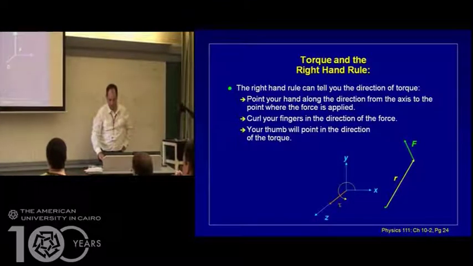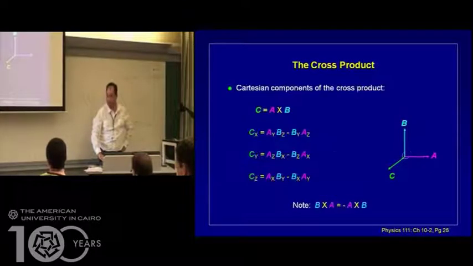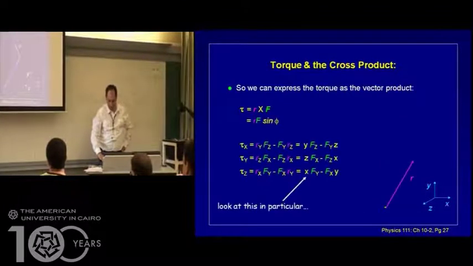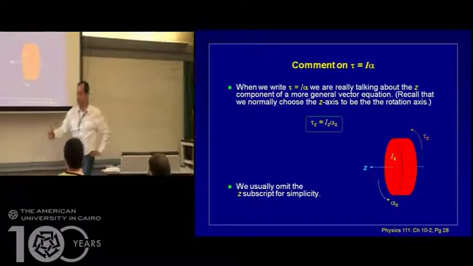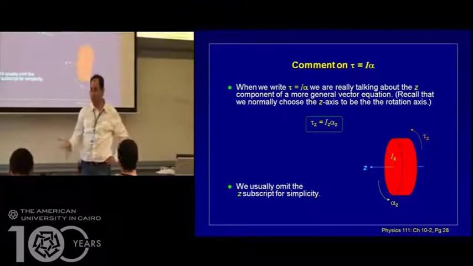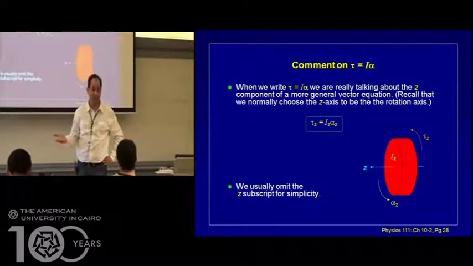And we talked about the right-hand rule. We talked about the cross product. You can just go back and read them. This is more details about the cross product. When we talk about torque, that means that it has a direction. This is a vector quantity.